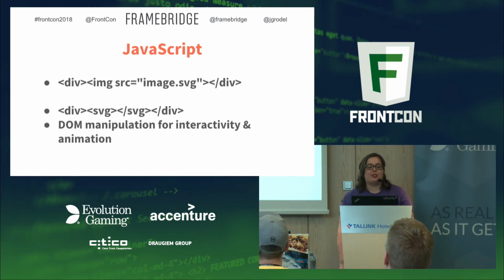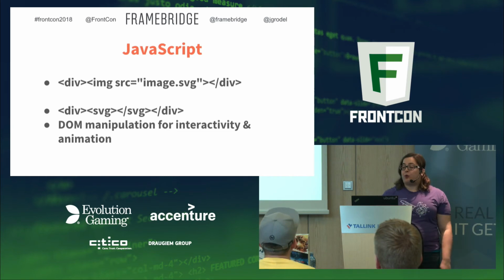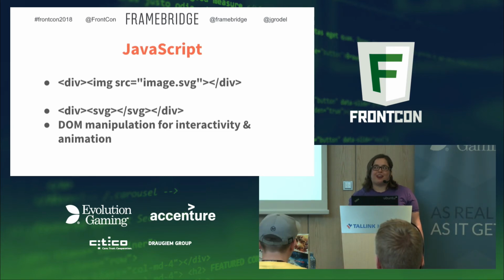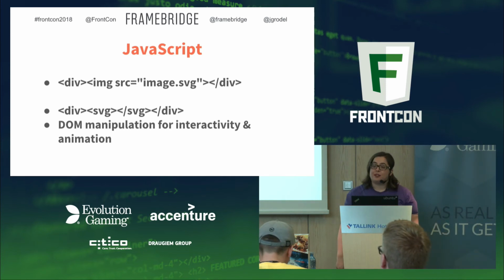All right, JavaScript. So we can use SVGs as source files for image tags. However, I find them most fun when we start using them in ways that give us the most power we can from them with JavaScript, such as the second bullet here. So down here, I have an SVG just inline with the rest of my HTML.